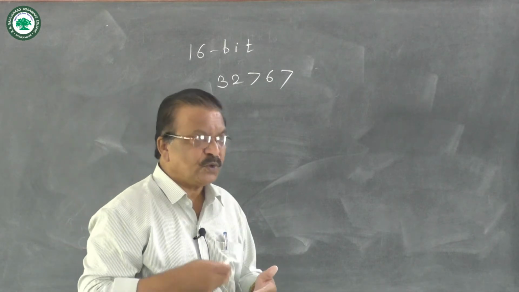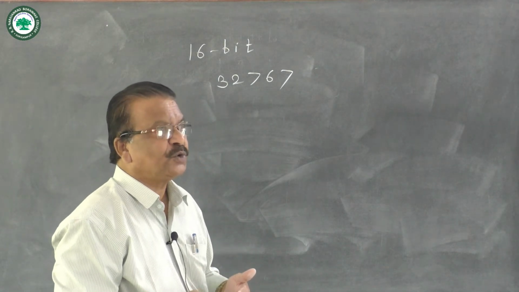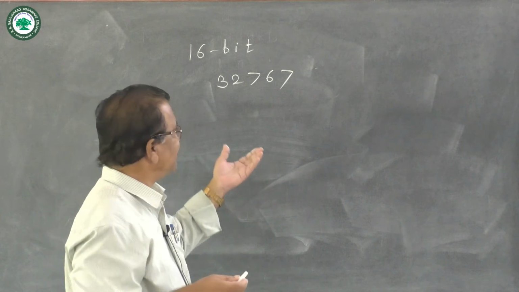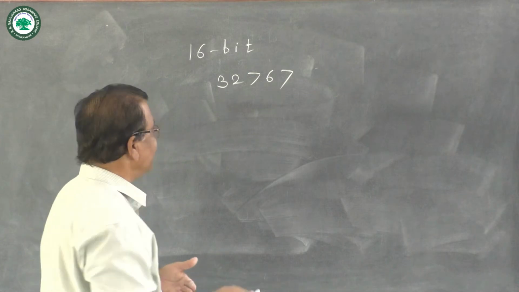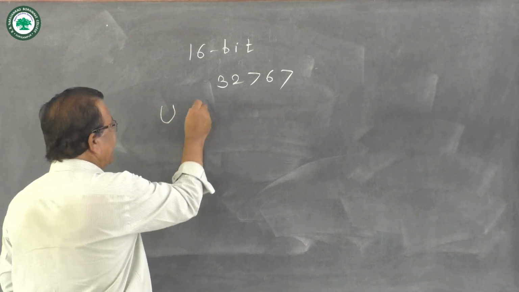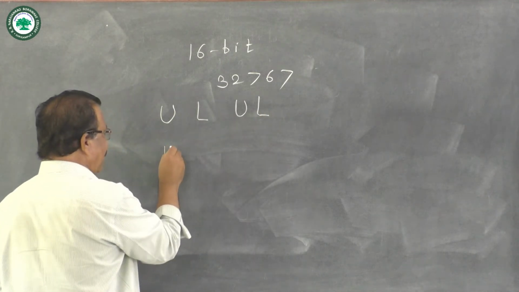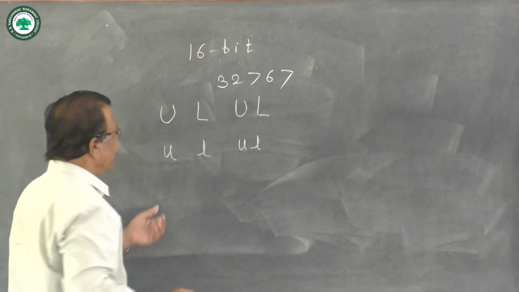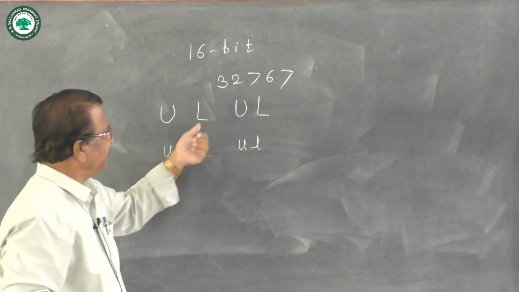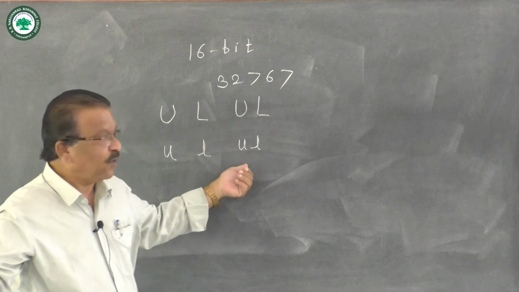If I want to store larger numbers, then provision can be made to store numbers larger than this particular number by appending qualifiers U, L and UL, either uppercase or lowercase, where U stands for unsigned, L stands for long, and UL stands for unsigned long.